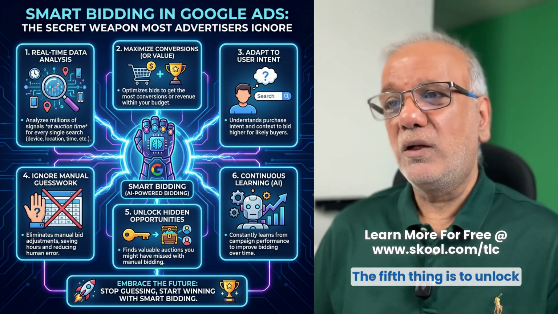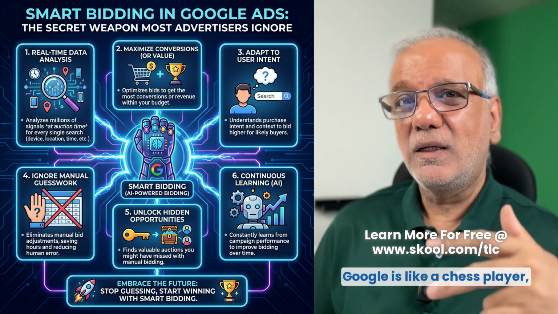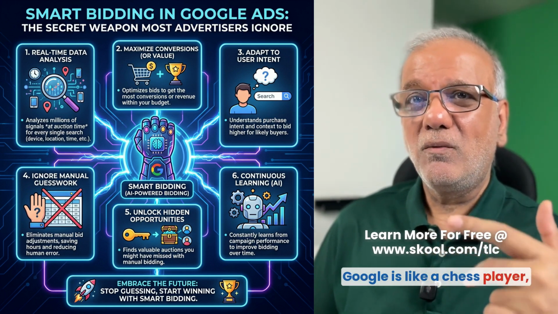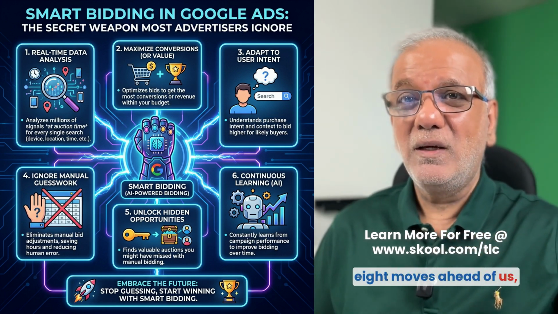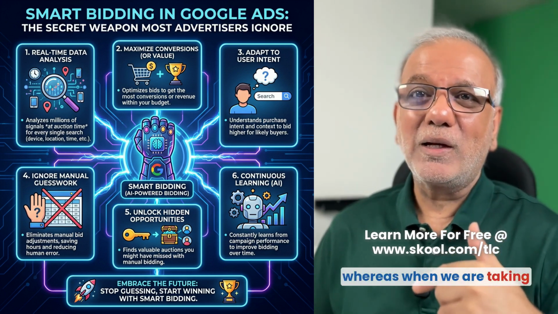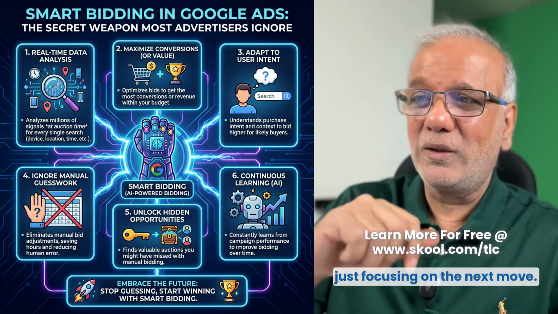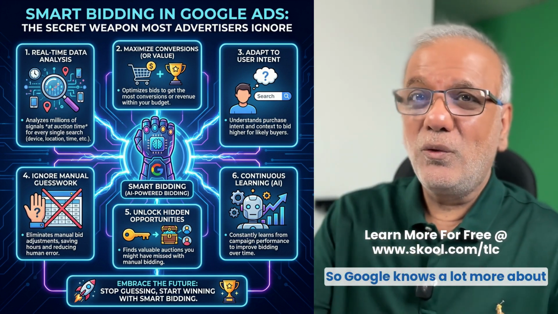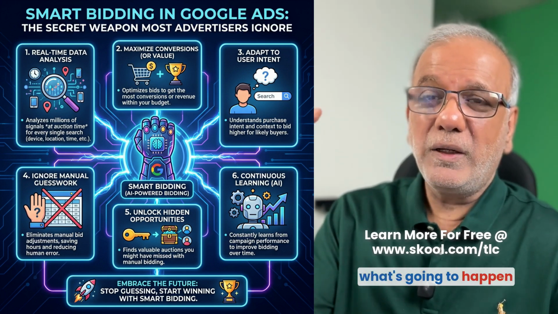The fifth thing is to unlock hidden opportunities. Google is like a chess player or a snooker player. They're working 7, 8 moves ahead of us. Whereas when we are taking control, we are just focusing on that next move. So Google knows a lot more about what's going to happen in this auction.